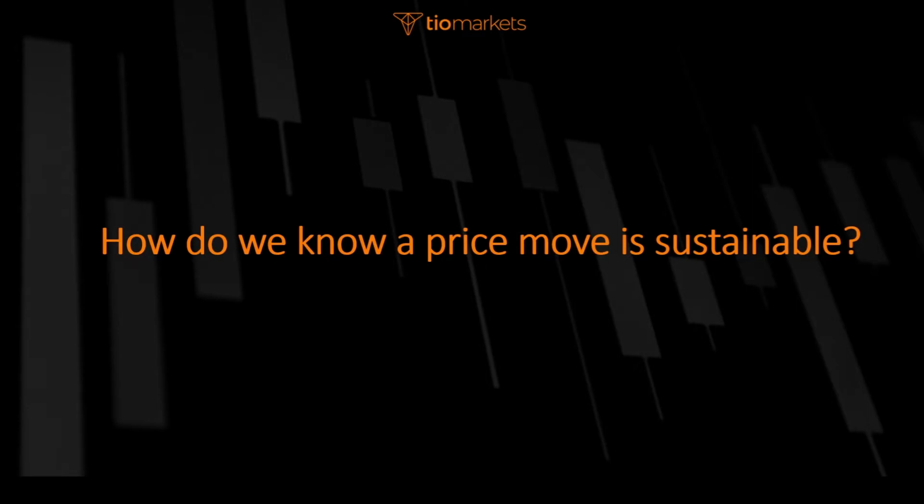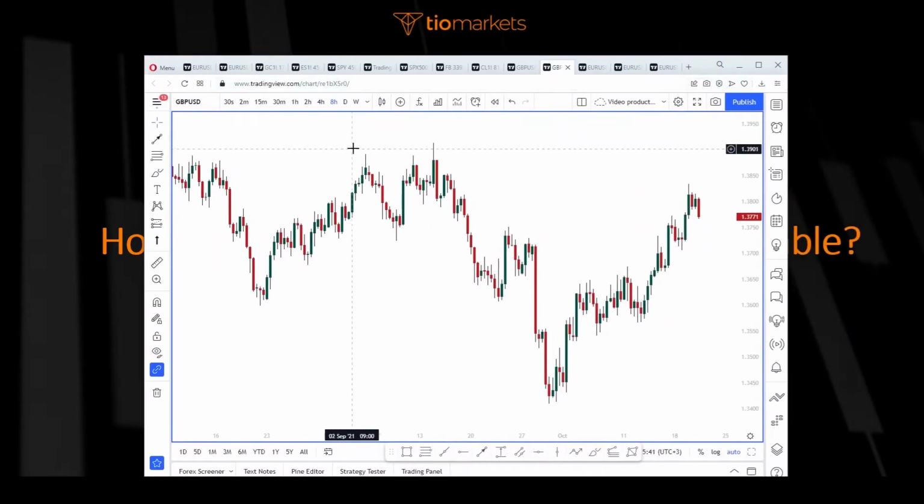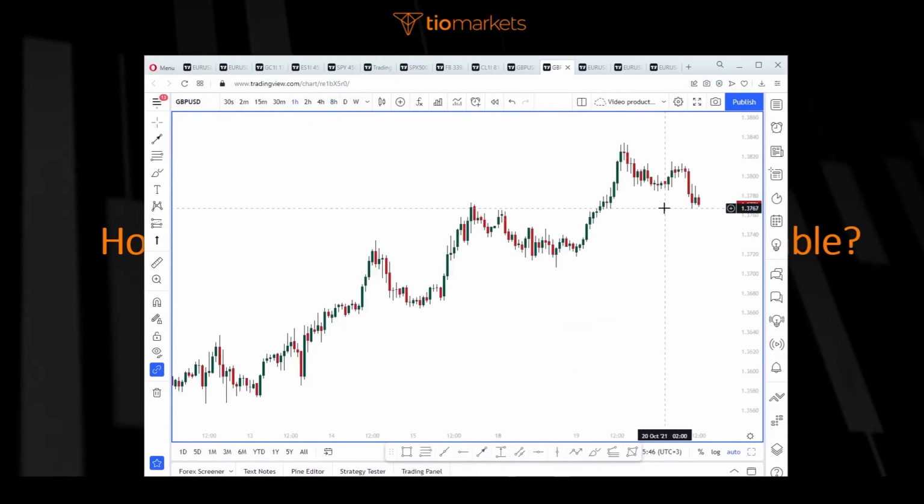By the way, I just remembered, I want to show you this. This is the pound, and if we take a look at the hourly time frame, the market moved higher really nicely yesterday, and it was up here that everybody was excited about. Everybody was so excited about the Bank of England actually going to move on interest rates soon.